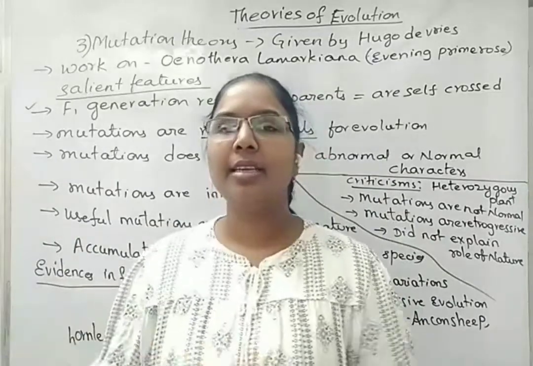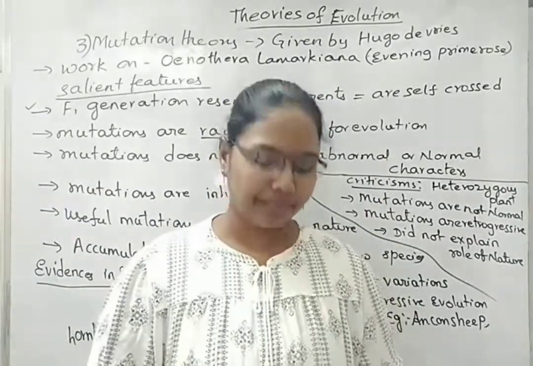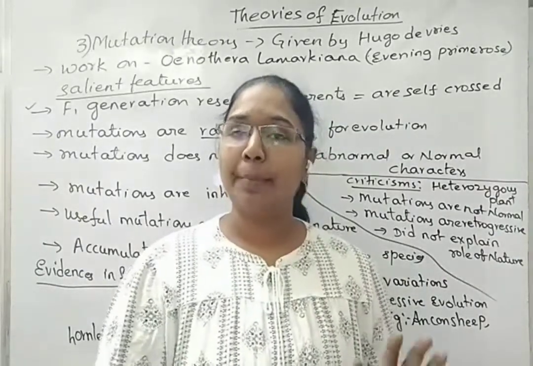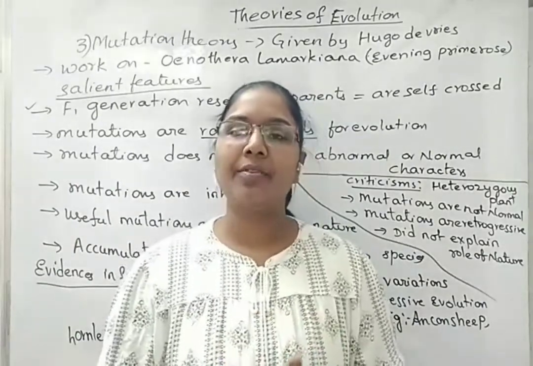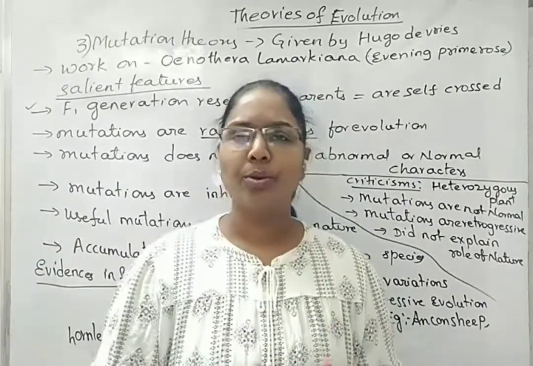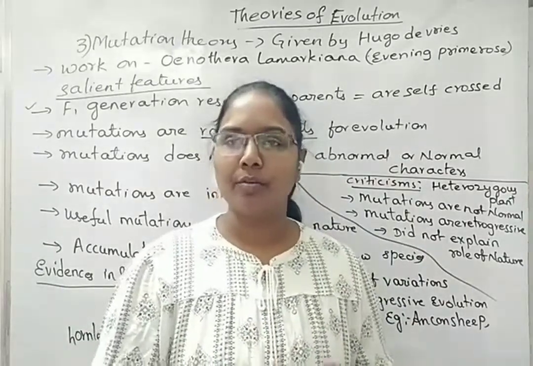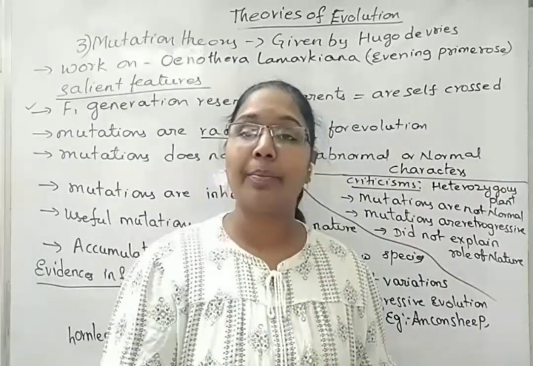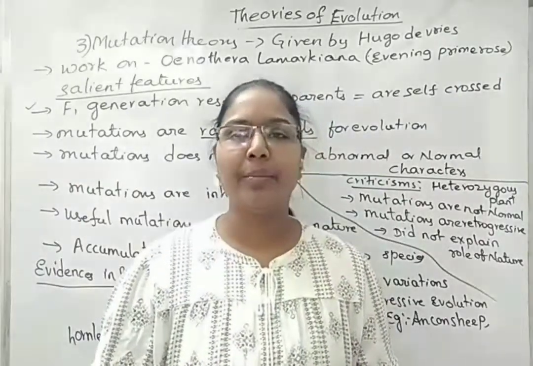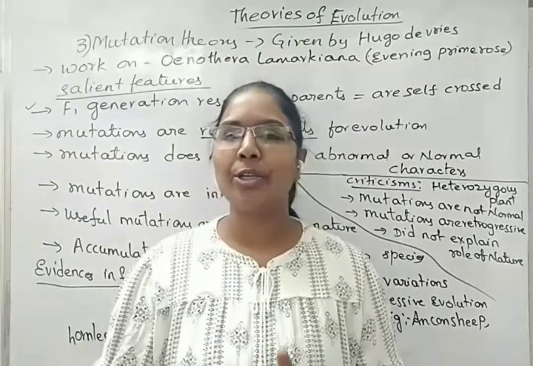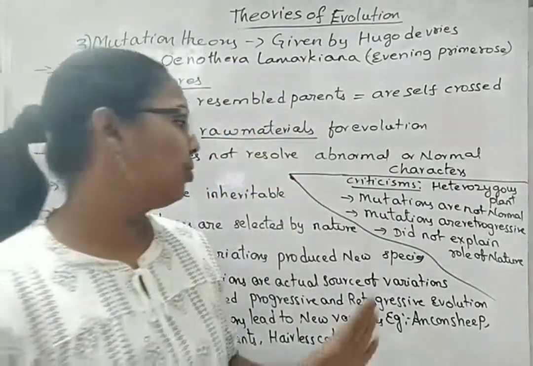Here the parents selected by Hugo de Vries were heterozygous from the beginning. So he couldn't explain the difference between those and what would happen if homozygous plants had been taken. Basically, evening primrose are heterozygous, and there is no homozygous evening primrose. That is not explained by Hugo de Vries.